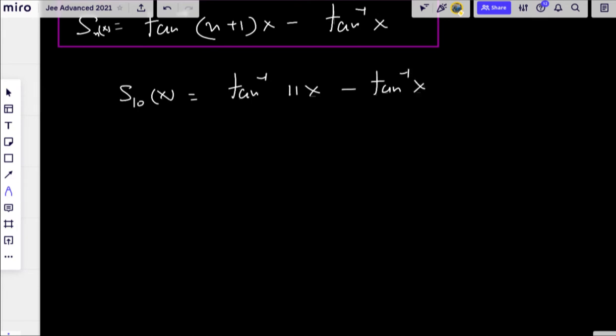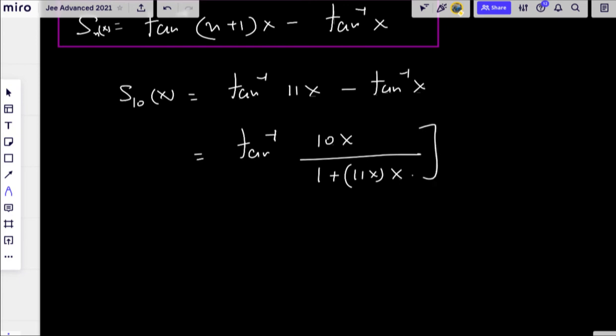So when you pack this, tan inverse x minus tan inverse y is tan inverse of (x minus y) upon (1 plus xy). So 11 minus 1, that is 10x, upon 1 plus 11x into x. So that is the final answer, and that's the result.